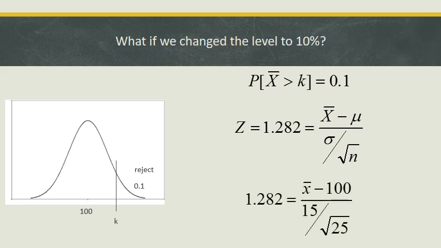Plug in all the same numbers from before, and you'll see that the critical value is 103.846. This is a lower threshold than before. So increasing the level from 1% to 10% actually means that we need less demanding evidence in order to make the decision to reject the null hypothesis.